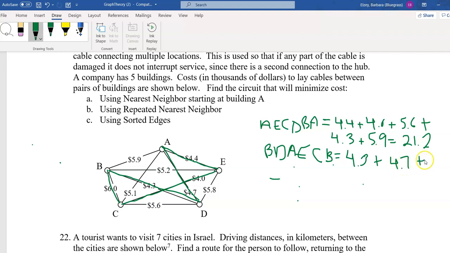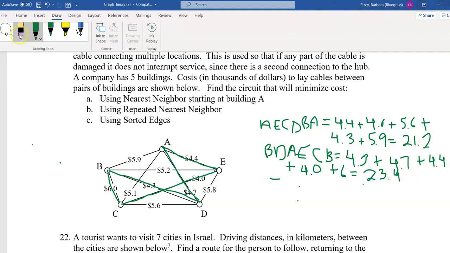And then A to E was 4.4. And then E to C was 4.0. And then finally C to B was 6. And let's add that up. That's 23.4. So that's certainly not as short as our first circuit was.